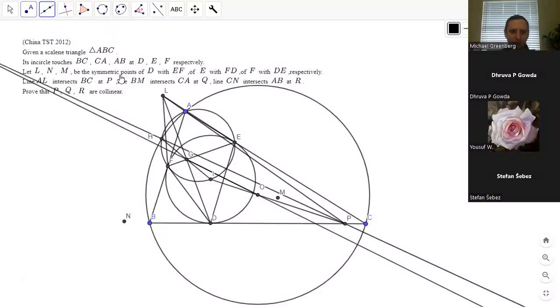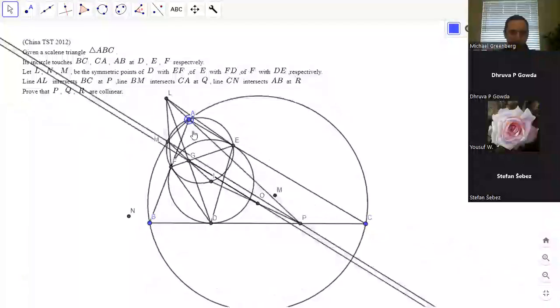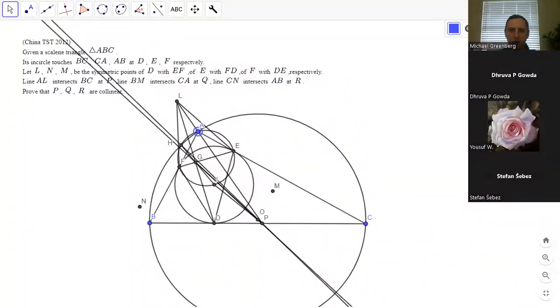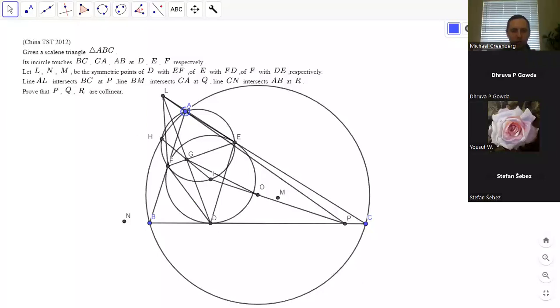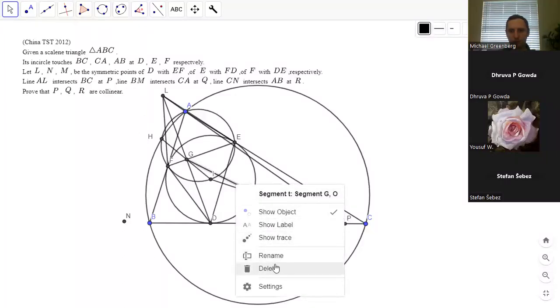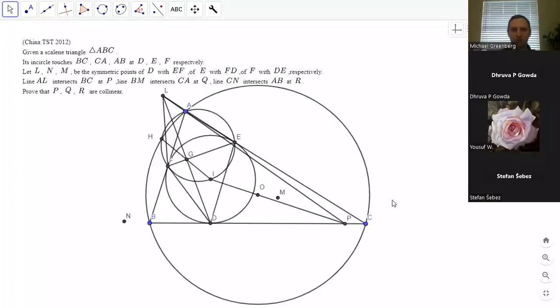Yeah, that's a really interesting observation, that P lies on IO.